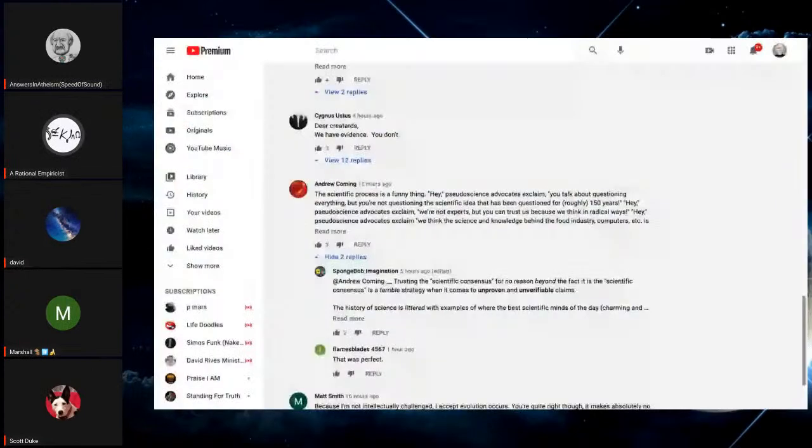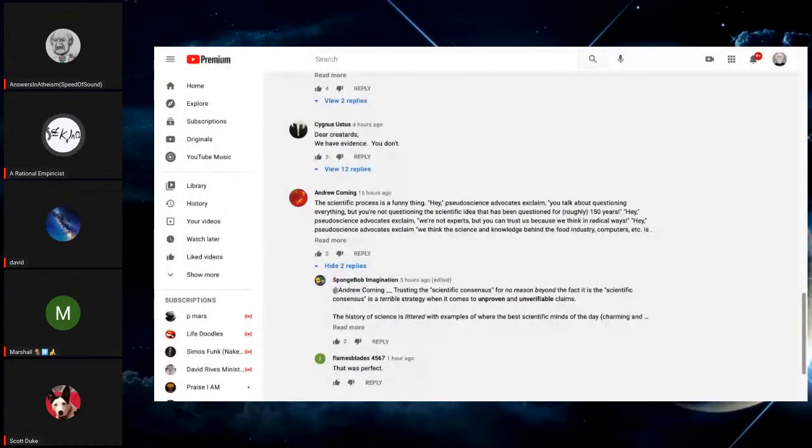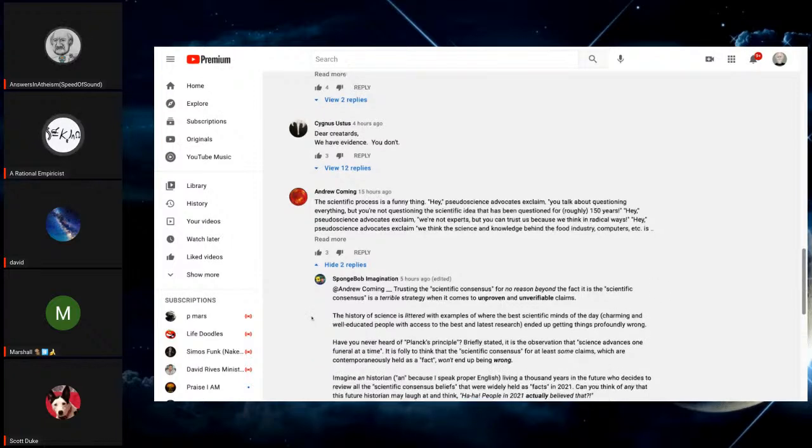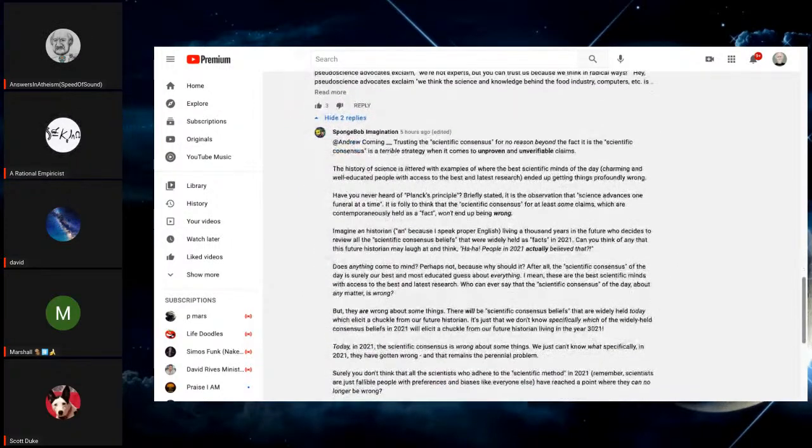But I don't know if he was responding to my comment or SpongeBob's comment. Said that was perfect. So SpongeBob said, trusting the scientific consensus for no reason beyond the fact that it is the scientific consensus is a terrible strategy when it comes to unproven and unverifiable claims. Which, by the way, isn't what I was arguing.